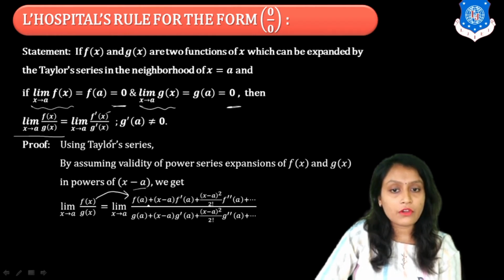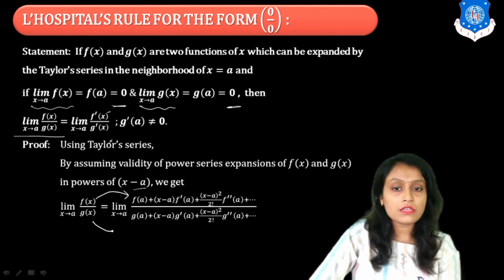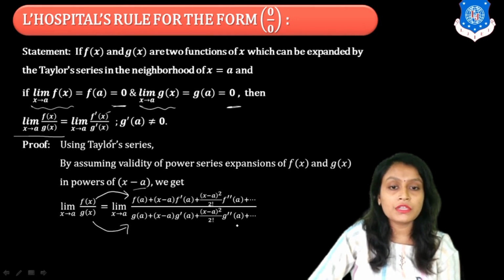So it is f(a) plus (x minus a) f dash a plus (x minus a) whole square upon 2 factorial f double dash a, and so on. Again we will write the Taylor series of function g(x) in powers of x minus a. So you will get g(a) plus (x minus a) g dash a plus (x minus a) whole square upon 2 factorial g double dash a, and so on.